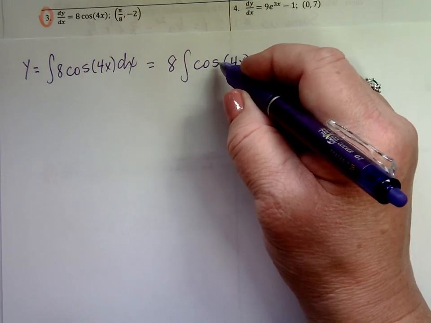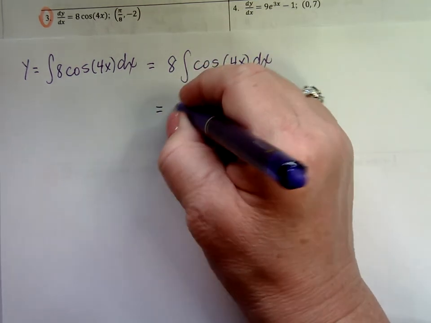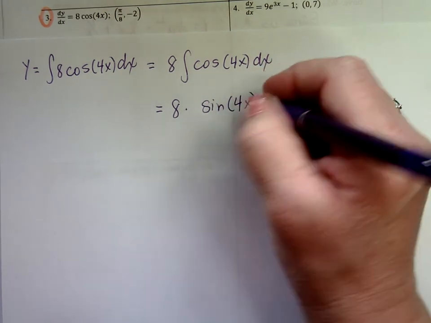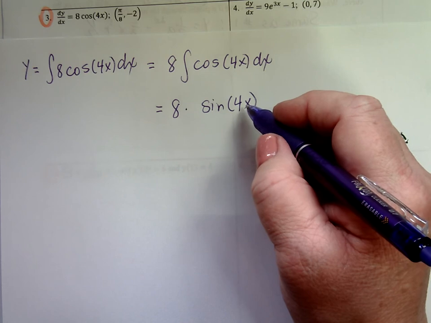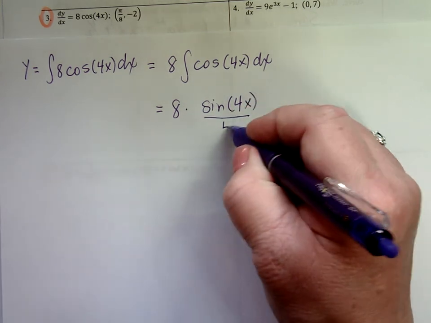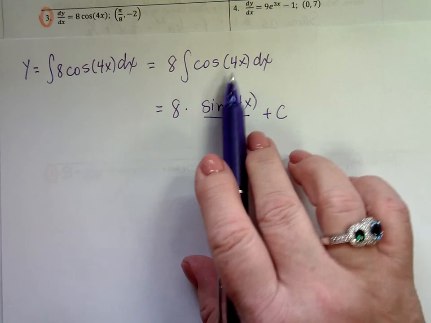So this is really the same thing as 8 times the sine of 4x. But remember, you're integrating, so instead of multiplying by 4, I'm going to be dividing by 4. If you remember that shortcut way, that makes this a little bit easier. If not, you're going to let u equal 4x, and then do a u substitution.